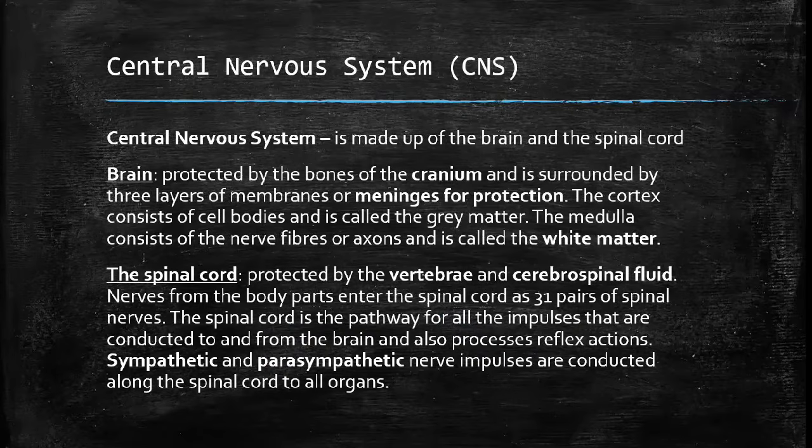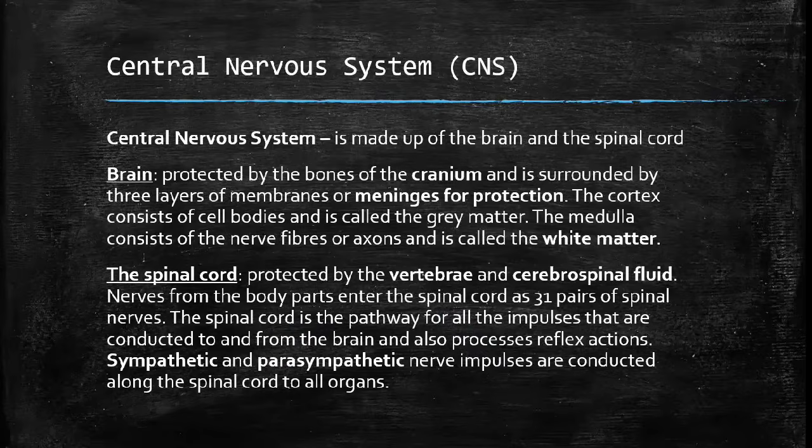The cranium is the part of the skull and is surrounded by the three layers of membranes, what we call the meninges, which are for protection. The brain is what is protected by the cranium and also by the three layers which we call the meninges.